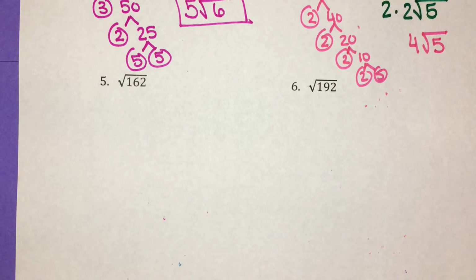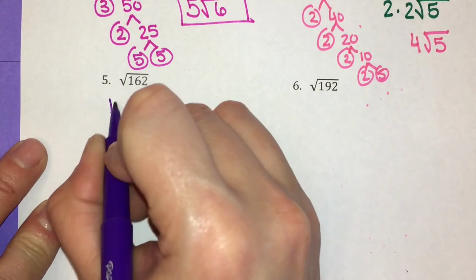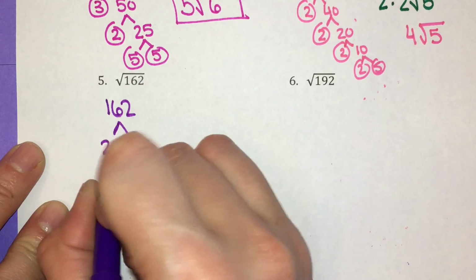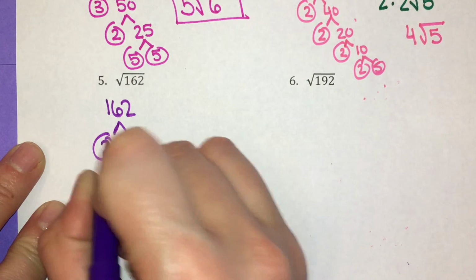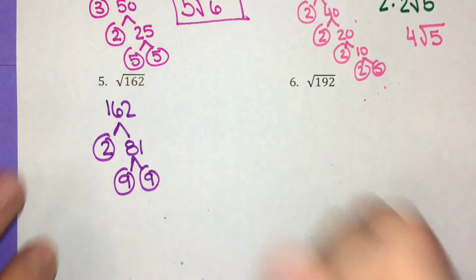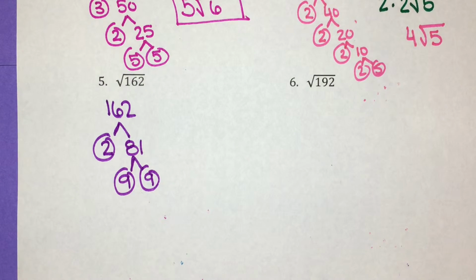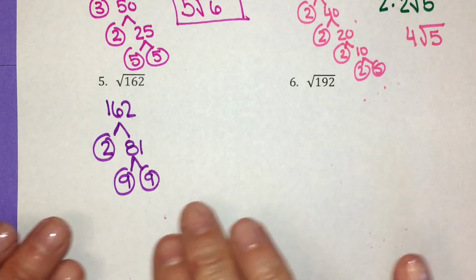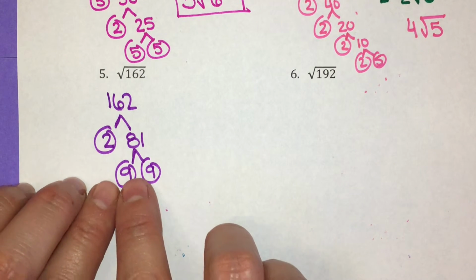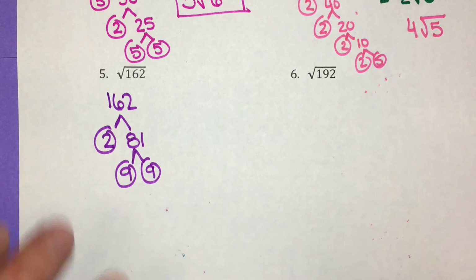And last 2, all right, 162. This is 2 times 81, and 81 is 9 times 9. You might have broken this down further, but you might be able to see this idea right here. I'm going to stop breaking it down here. I have something multiplied by itself, so I can break each of these down to 3 times 3.